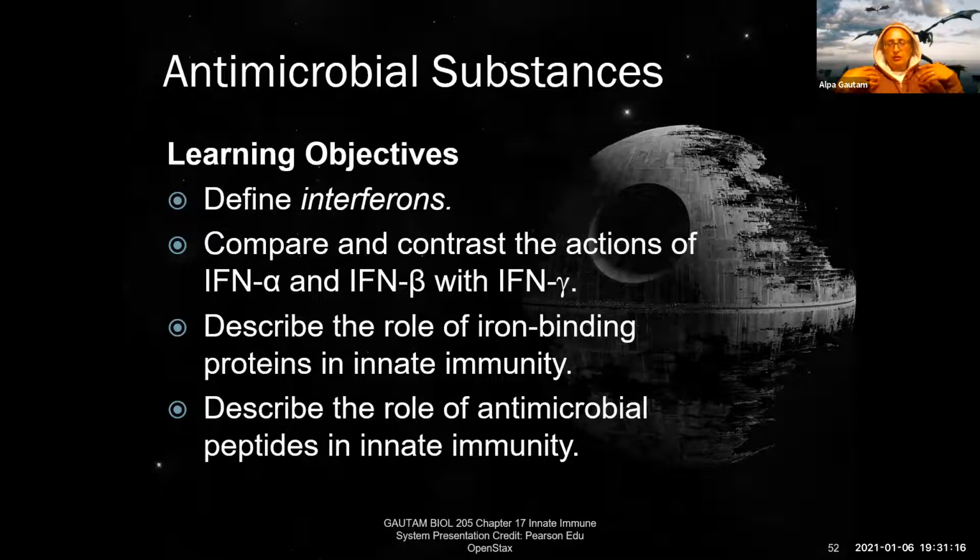Then we looked at the second line of defense, which is the phagocytes and fever, to help prevent further pathogen colonization, right? We're now going to look at antimicrobial substances that our body produces.